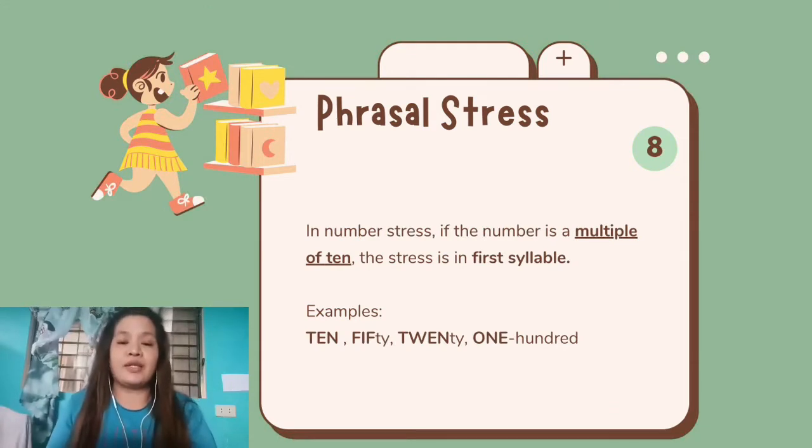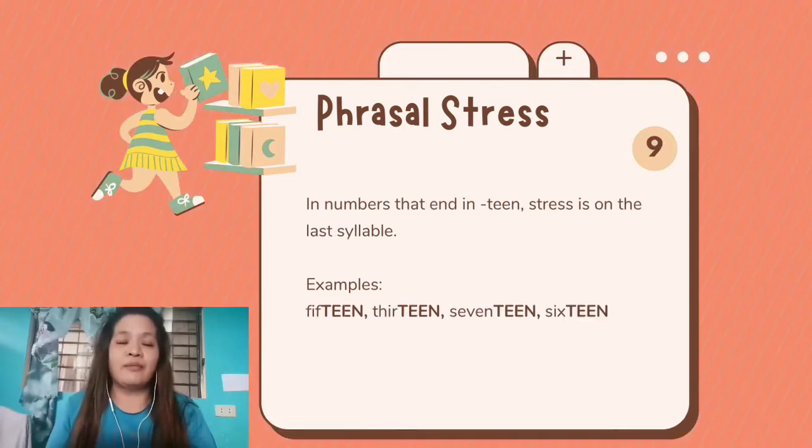In number stress, if the number is a multiple of 10, the first syllable takes the stress. Examples are 10, 50, 100. To see the stress, the stress is on the first syllable.